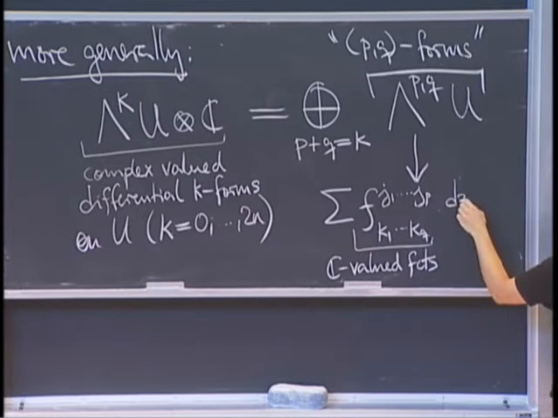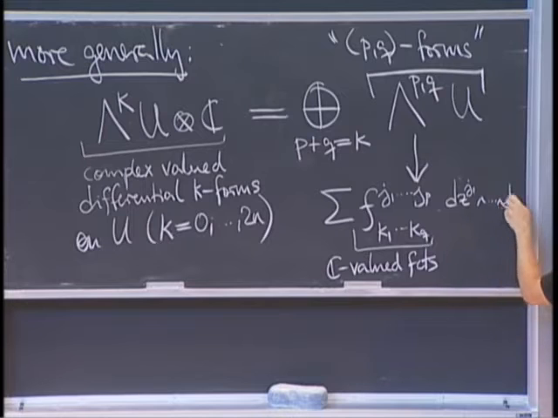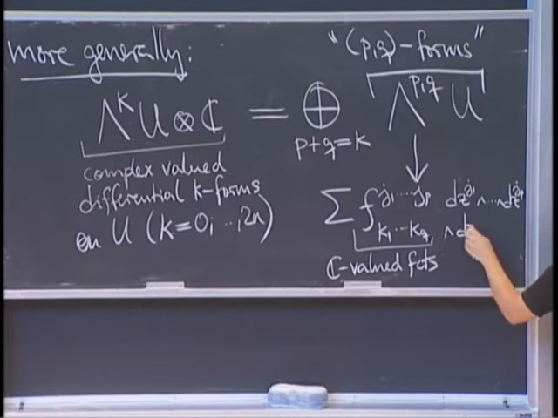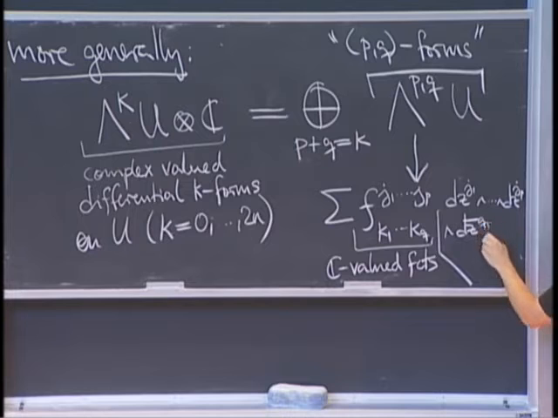And these are going to be dz J1 wedge dz Jp wedge dz bar Q1, K1 through dz bar KQ. Okay.